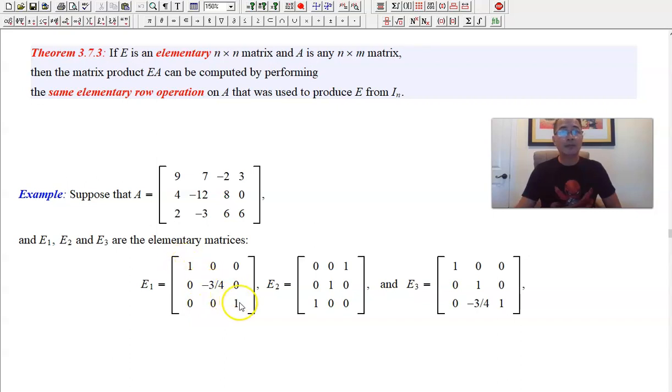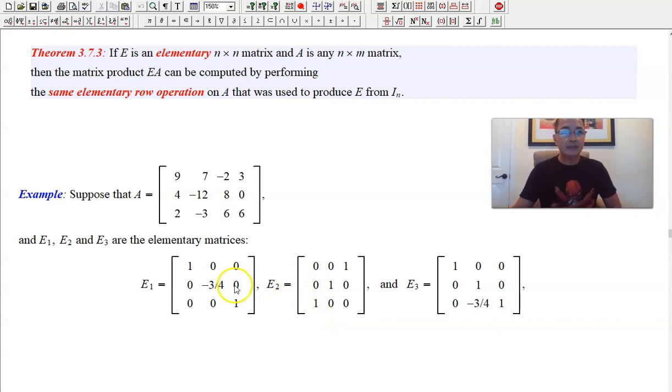So we multiply, in this case, the second row of the identity by negative 3/4. So we scaled row 2. Type 2 is a switching operator. So we switched row 1 and row 3. Row 2 stayed where it's supposed to be.